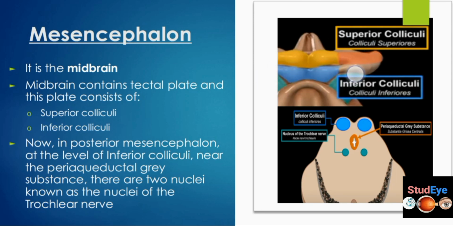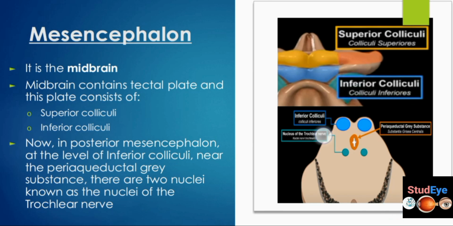This complete yellow and blue structure is the tectal plate, and the yellow part is the superior colliculi, and the inferior blue structure is the inferior colliculi, right? So the tectal plate consists of these two colliculi, and you should know that at the level of the inferior colliculi in the posterior midbrain, this is the posterior side and this is the anterior side, right?